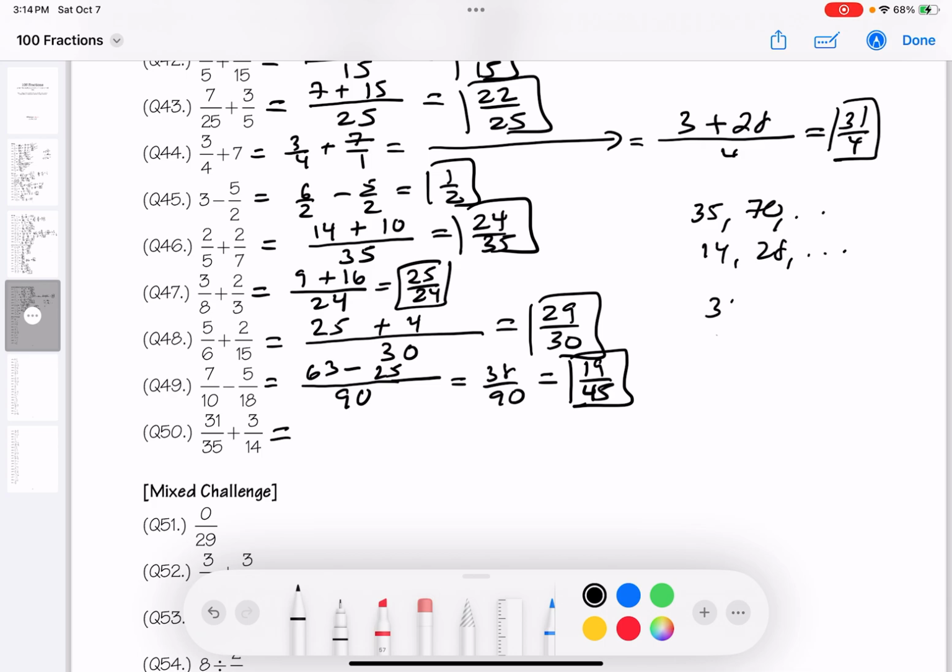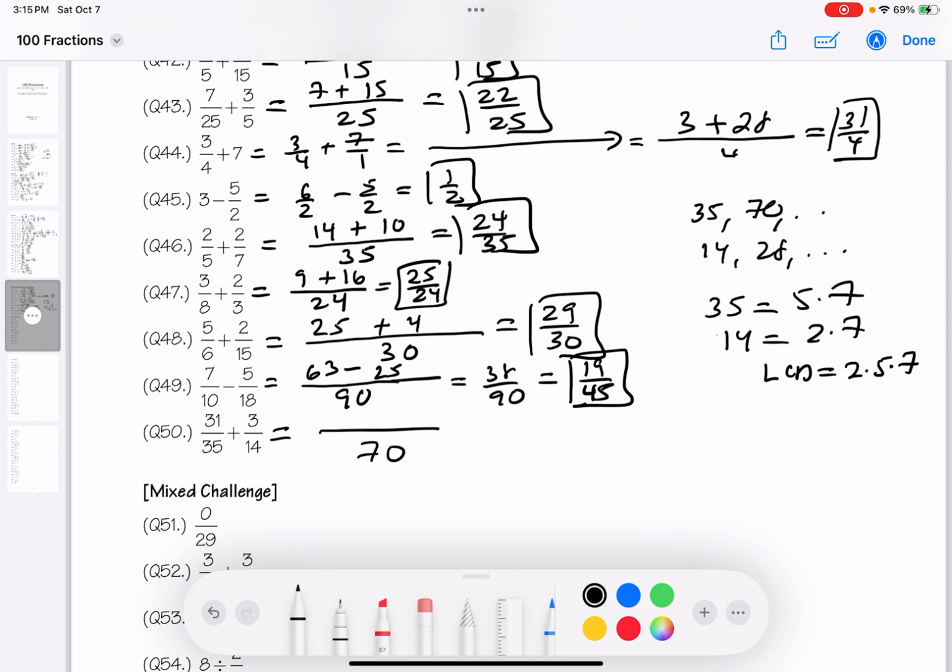But I'm going to claim over here, if you just factor 35, that's going to be 5 times 7. And if you factor 14, that's 2 times 7. Well, the LCD, or the LCM, by the way, is going to be 2 times 5 times 7. Only one 2 is needed, only one 5 is needed, and only one 7 is needed in each of those factors. What does that give you? 70. I'll write that down for you.